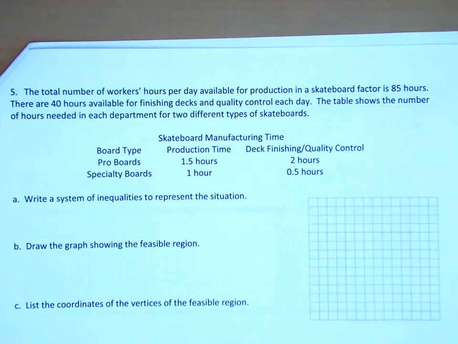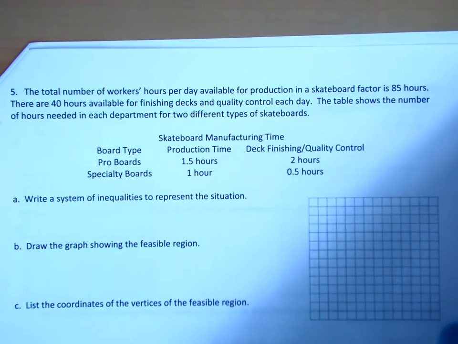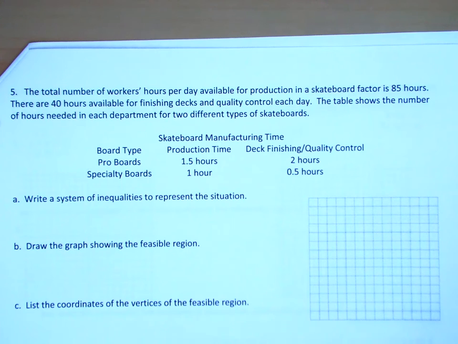With that, we're going to set up inequalities that represent the situation. The situation is mainly that we're just going to set up the word problems, so we have to look at what is going on.